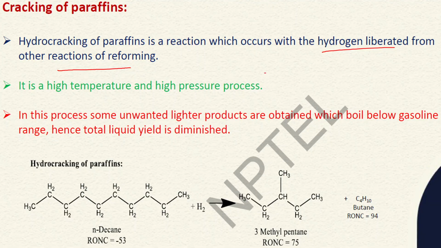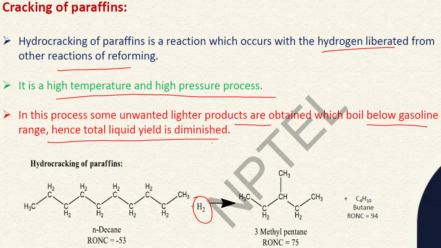This reaction takes place in the presence of hydrogen, which is released in the previous three types of reactions. There hydrogen is liberated, and here hydrogen is used. It is a high temperature and high pressure reaction. In this process, some unwanted lighter products are obtained, which boil below the gasoline range, and hence total liquid yield is diminished.